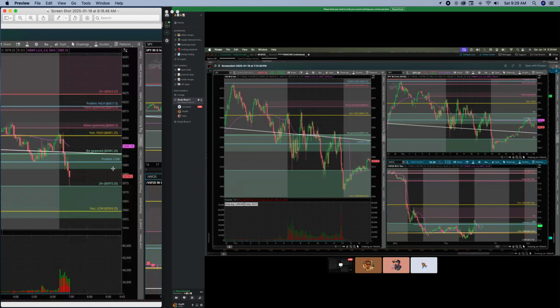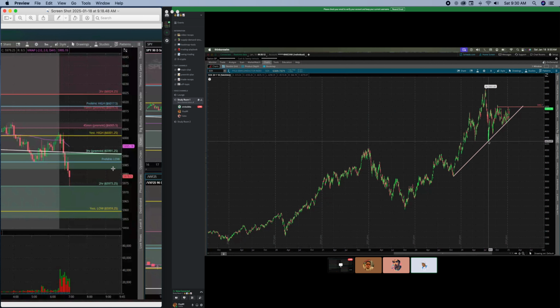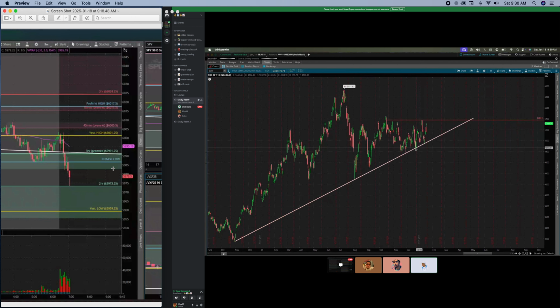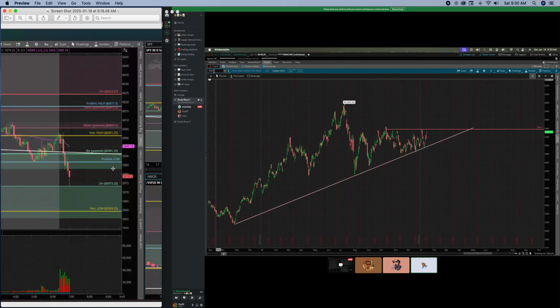Started from here because of how massive this rally was, and then first I aligned it with this one, and then I saw that it aligned with everything else. I barely started looking at it from the 20th, so I haven't been paying attention to it too crazy, but I did notice that he was mentioning it pretty often, so I was like, all right, let me just look at it.